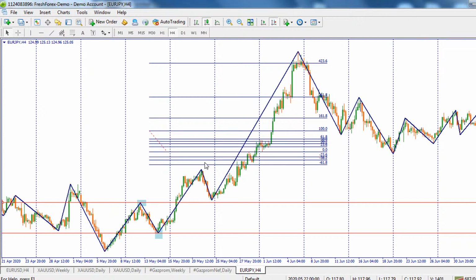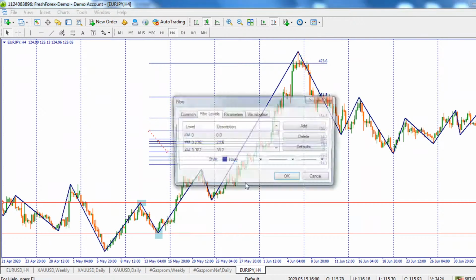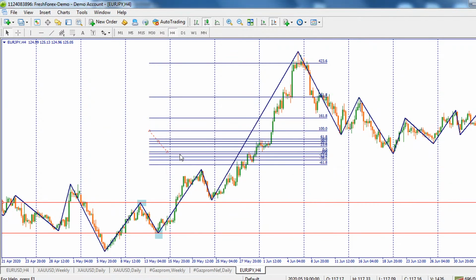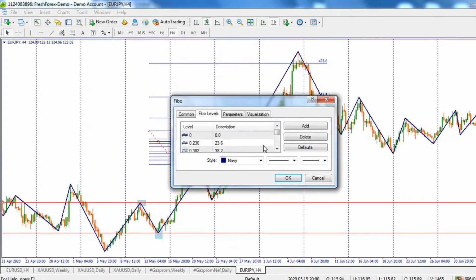I've not added the 100 one, so I'll add that. Then we have 100. That should be minus 100, not the way we've written it.